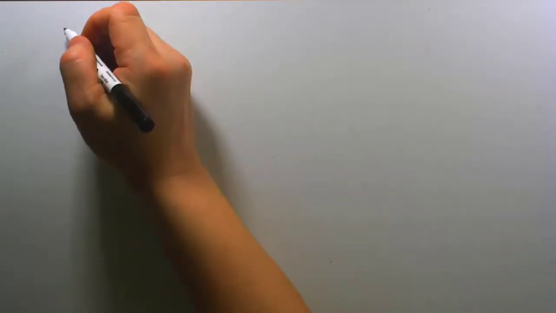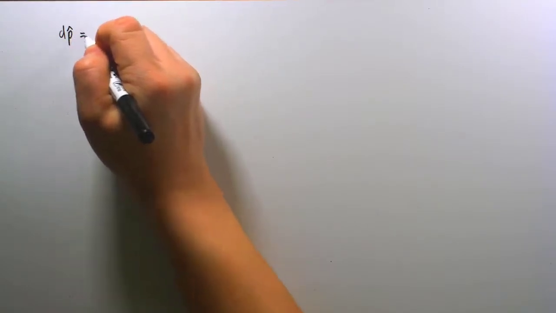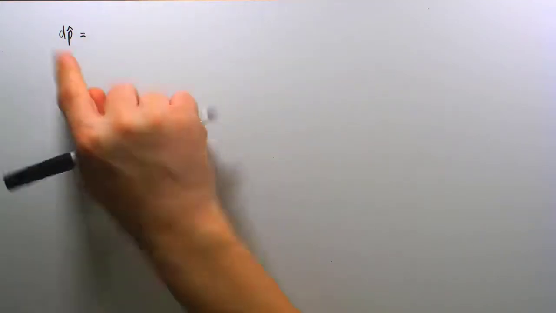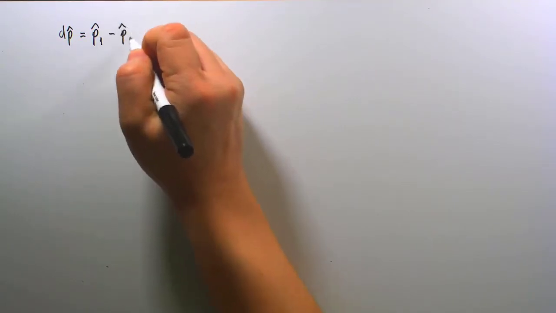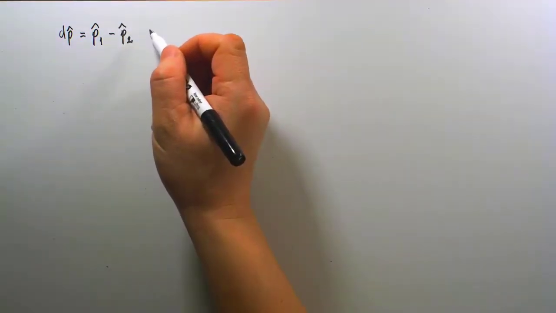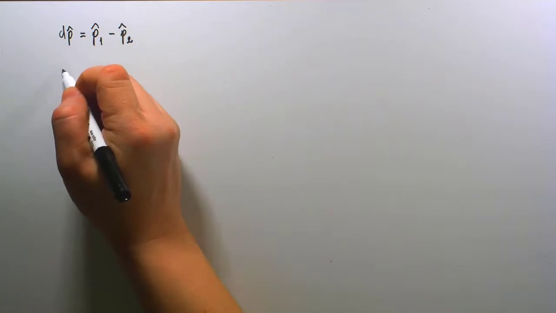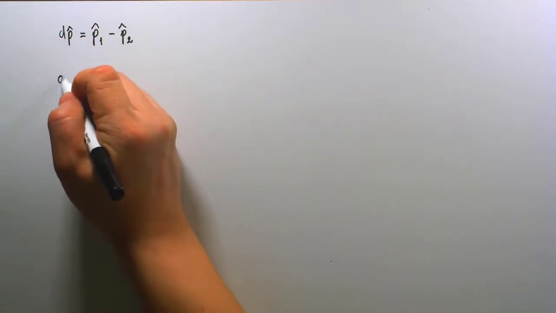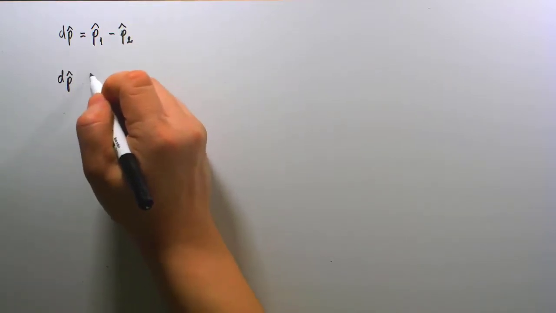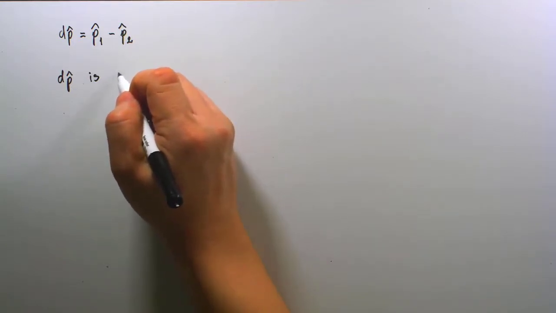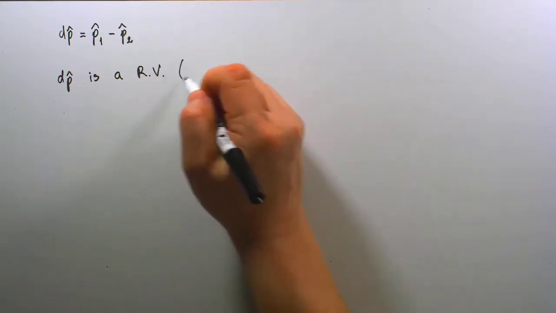And so now at this point, as soon as viewers and my students can thoroughly agree that dp hat, which is defined as a p hat 1 value minus a p hat 2 value, has infinitely many values, then I can push it forward and say that, even though it is written in lowercase, dp hat can be generally regarded as a random variable. RV here is short for random variable.